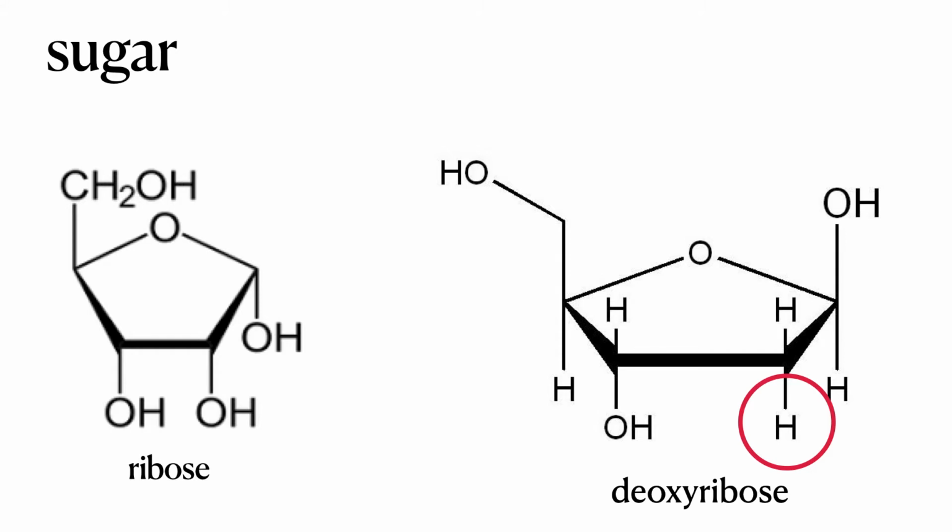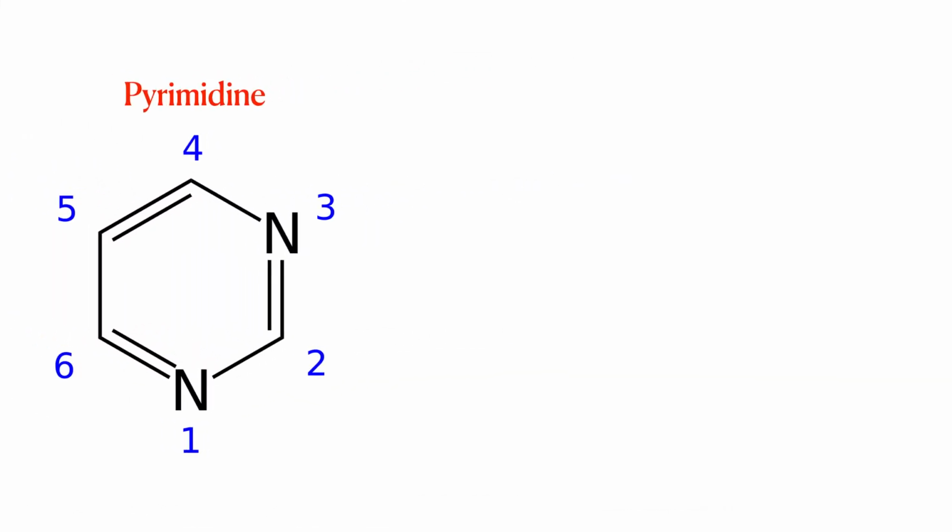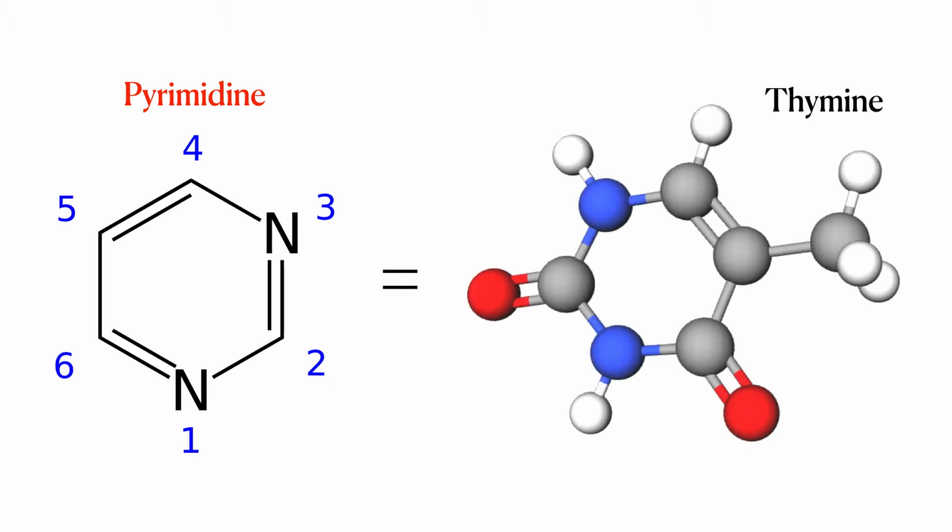Now let's look at those nitrogenous bases. There are actually 5 nitrogenous bases, and they fit into 2 different classes. The first class are what are called pyrimidines. You see this 6-membered ring. You see some nitrogen within the ring. The rest of it is filled out with carbons. Well, one of the pyrimidines is thymine. Here it is.